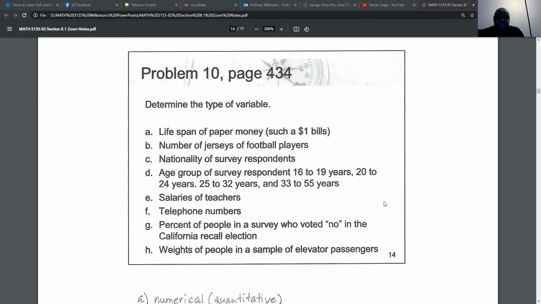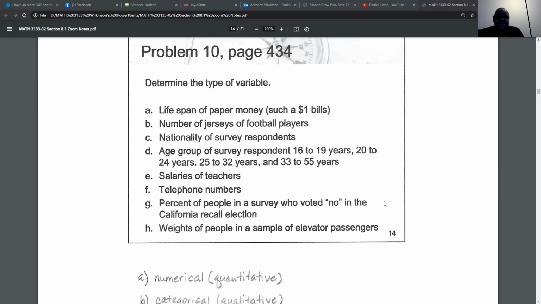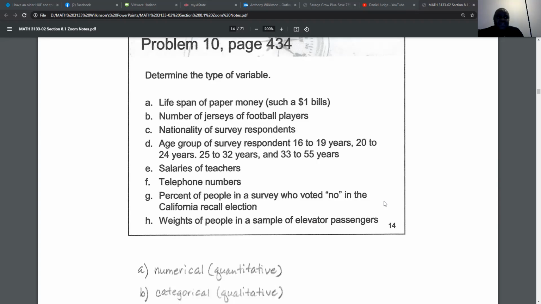Now, part B, the number on jerseys of football players. In this case, this would not be a quantitative. You may think it's quantitative, but it's actually a categorical variable because of the fact where that number on the jersey identifies that football player.